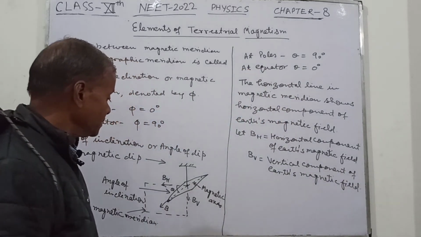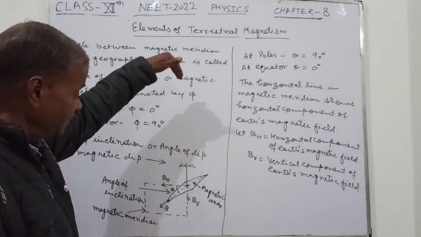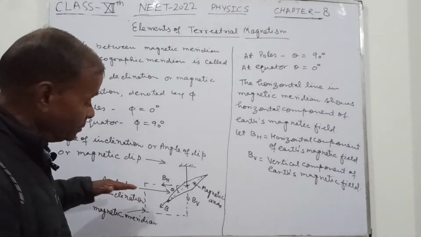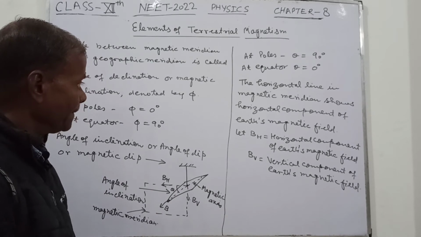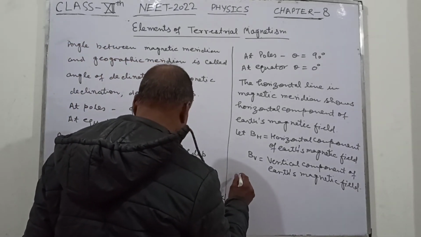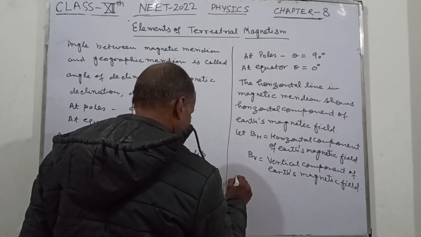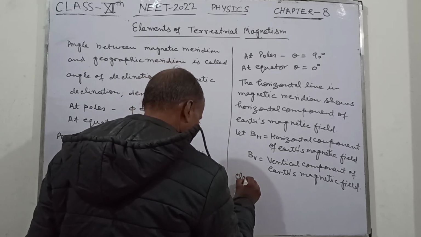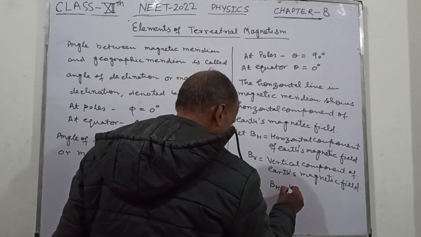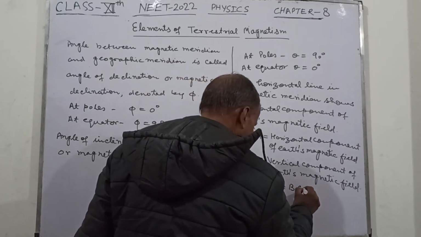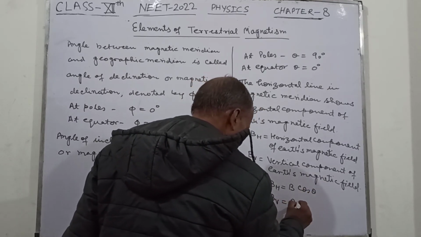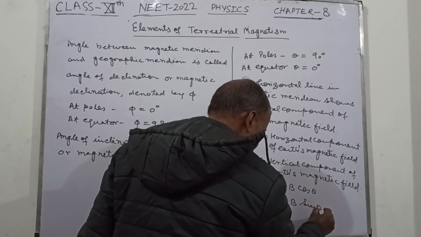Then you can see that the vertical component is always vertically downward and the horizontal component is along the equator. So clearly BH is equal to B cos theta and BV equal to B sin theta.